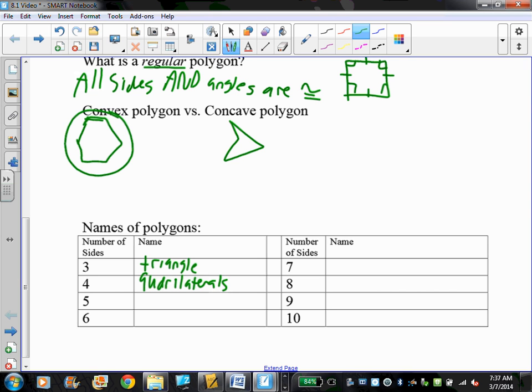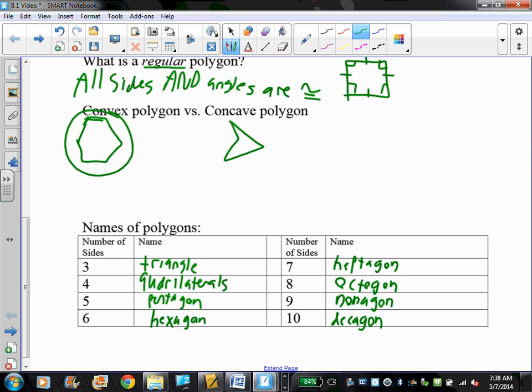And then we have the ones that end in gon: pentagon, hexagon, heptagon, octagon, nonagon, and then decagon.